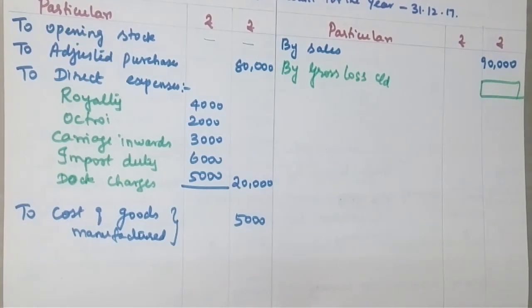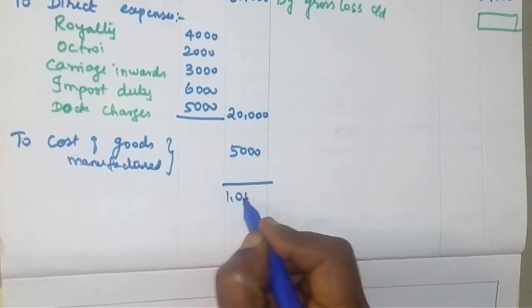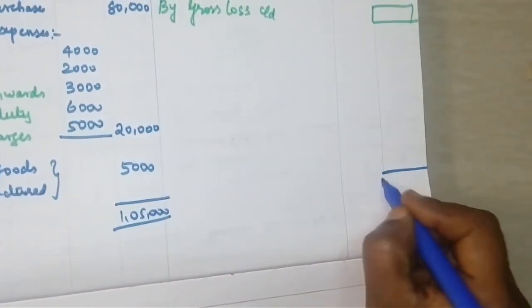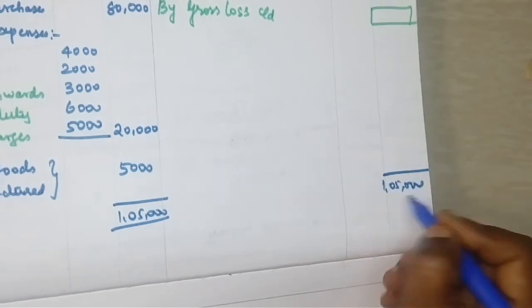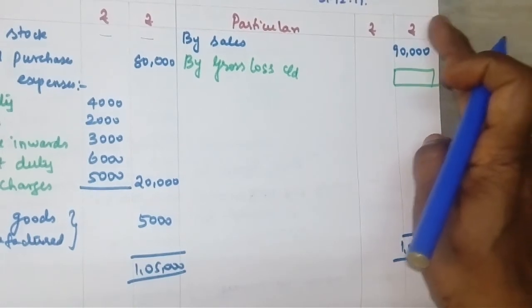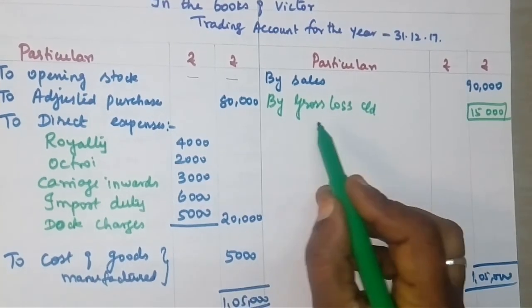Okay, now 1,05,000 debit side, higher total, expenses அதிகமா இருக்கு, and then அதே டோட்டல இங்கேயும் எழுதிக்கிறோம். இந்த 1,05,000 ல if we subtract this 90,000, what we get is the gross loss. Okay, rupees 15,000 is the gross loss.